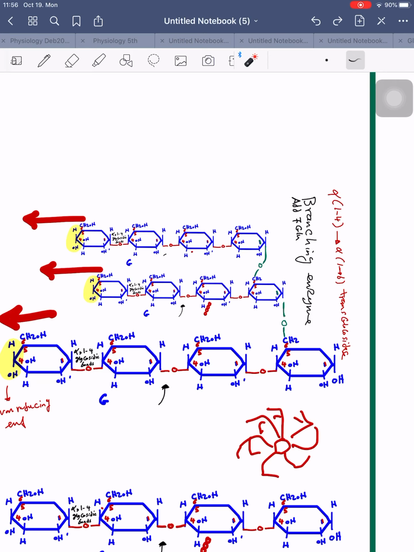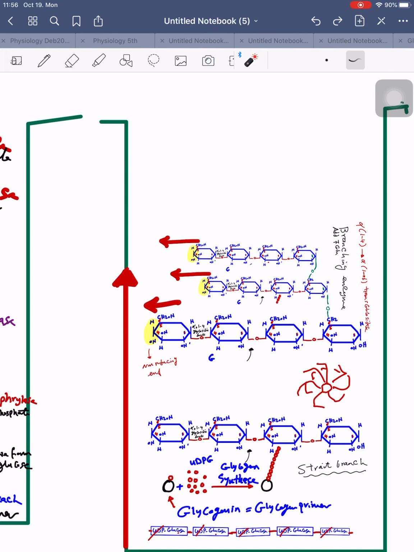So we need many of them for rapid synthesis or for more mobilization of glucose. So we have many ends, and these many ends help make the metabolism faster.